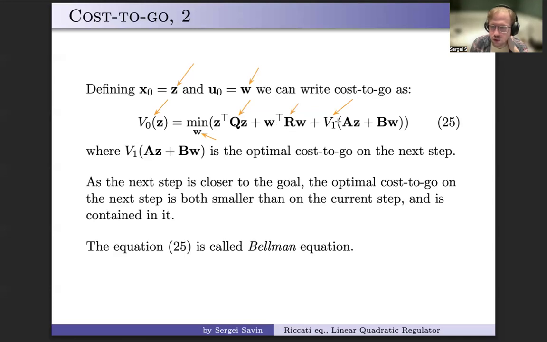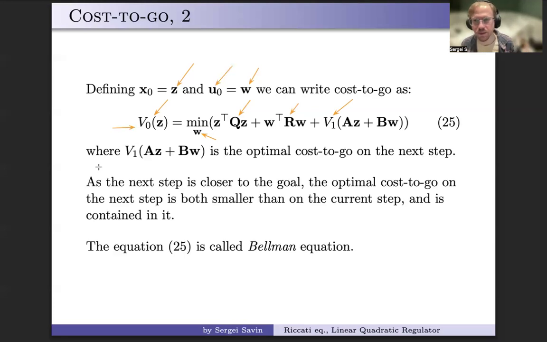So if we know the optimal cost to go for the next step, to compute the optimal cost to go now, all we need to do is just minimize over our single control, like u0, in this case, w. And that's how we find the optimal cost.